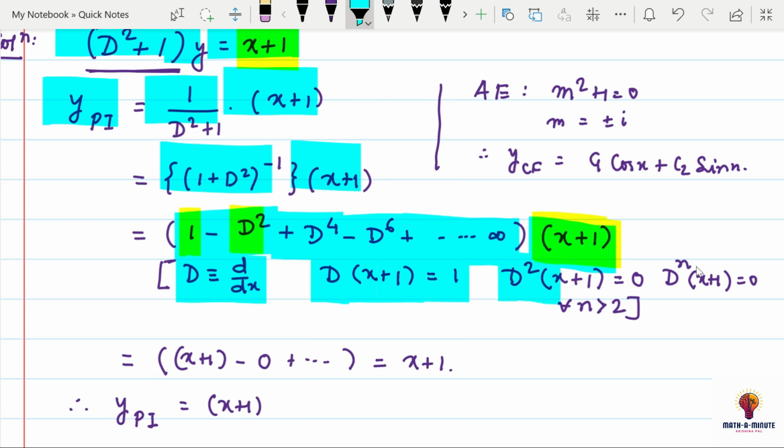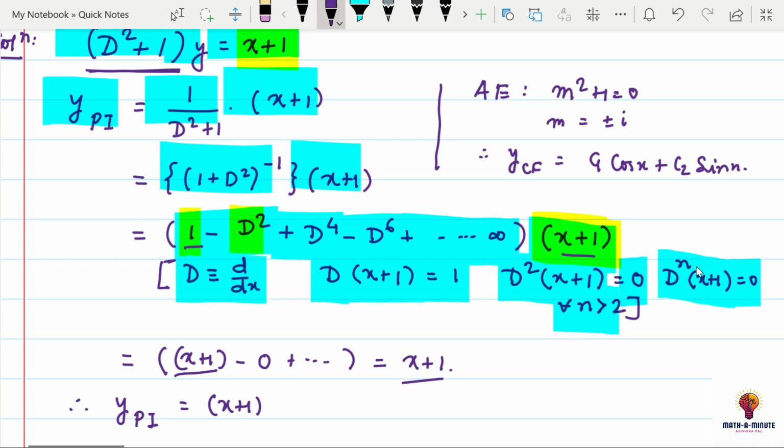If we apply this operator on x plus 1 twice, it will be 0. Even we can say that any higher order derivative of this function is 0 for each n strictly greater than 1. So if I multiply this 1 with x plus 1, it will be x plus 1, and after that, each and every term will be 0. Therefore, for this problem, our particular integral will be x plus 1.